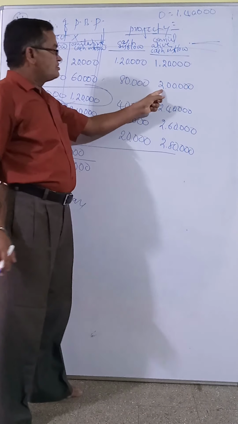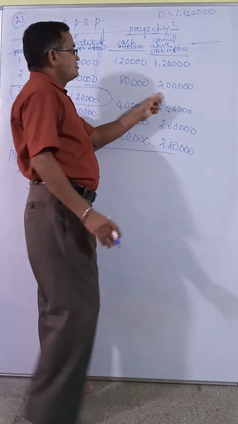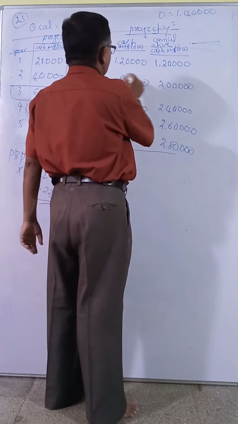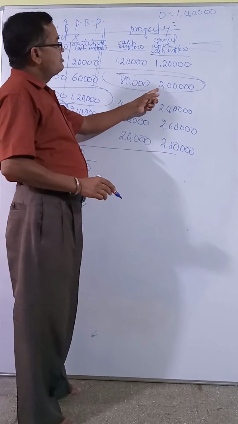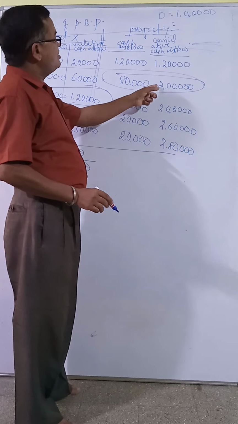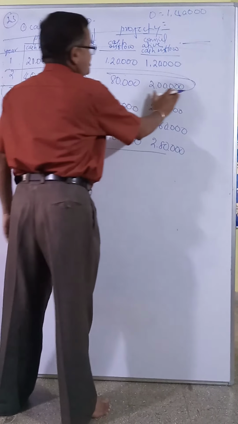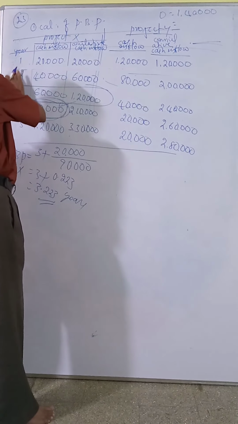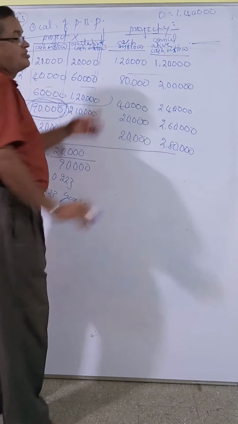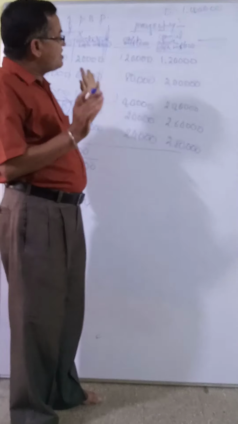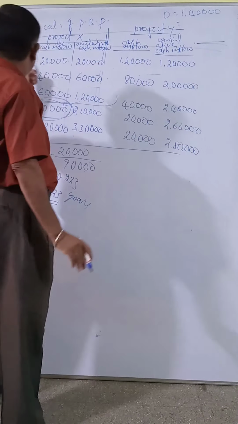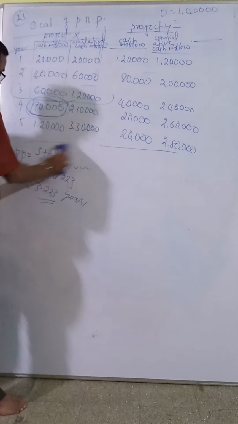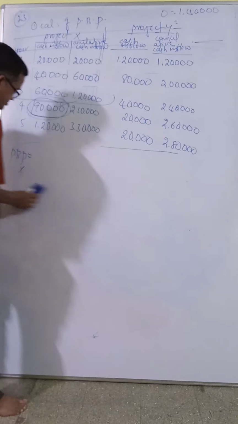The original cost of investment is 1,40,000, and this is 2 lakh. Within this, 1,20,000 means the first year. So it is 1 year plus.